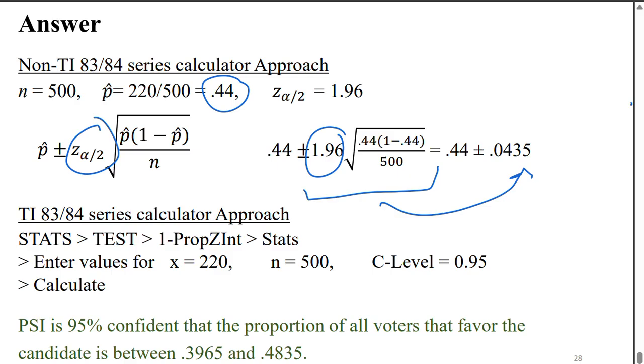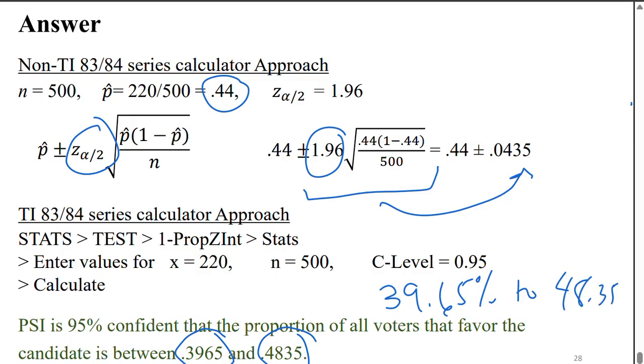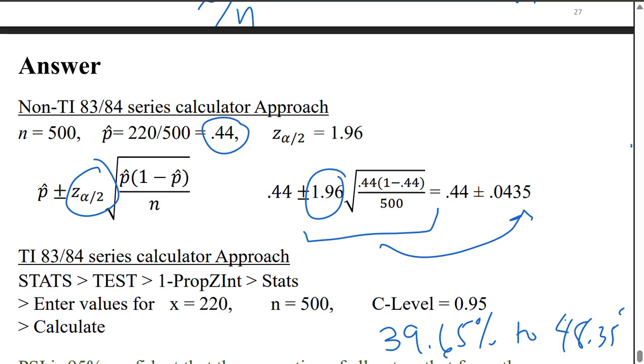Using this, we estimate that at 95% confidence level, the proportion of those who will favor that candidate is between 0.3965 and 0.4835, which means at 95%, we expect to see 39.65% to 48.35% favoring this particular candidate.